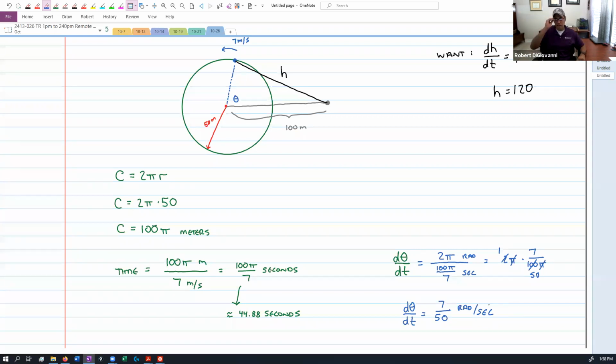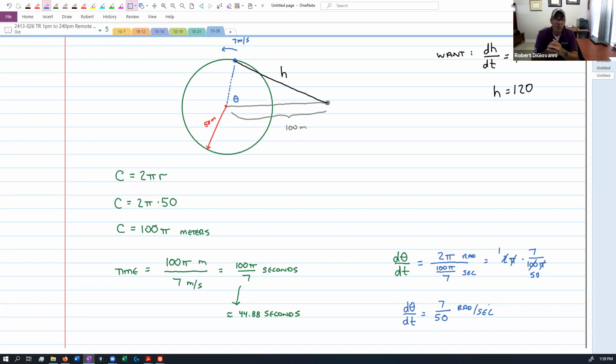You've got a person running around a circular track at a certain speed. What we did is we said, let's see how long it took her to do that. So we figured out how long the track is, figured out her speed, divided the length of the track by her speed, and that told us how many seconds it took her to go around once.